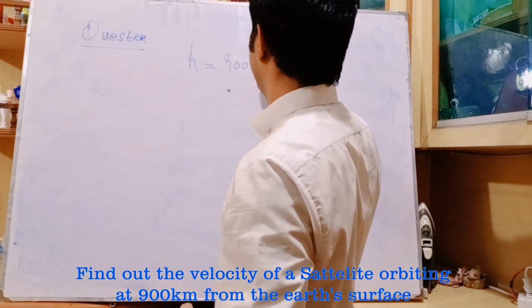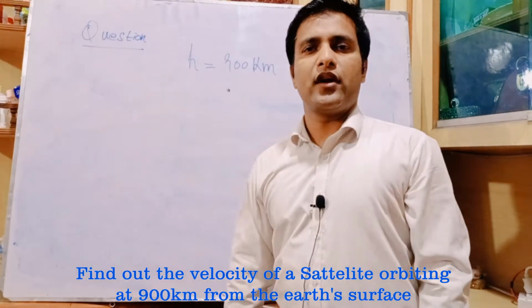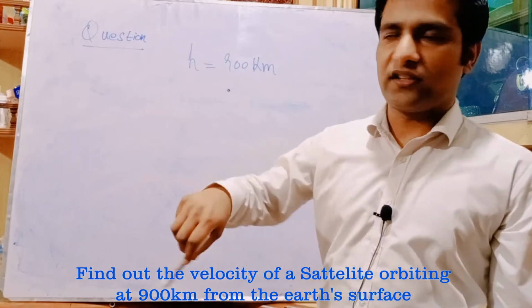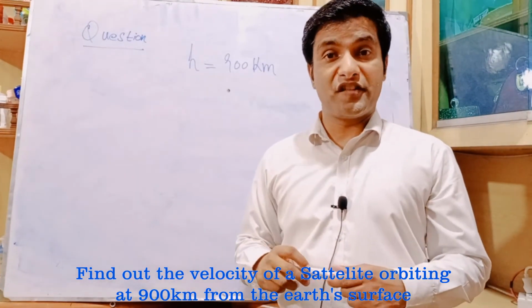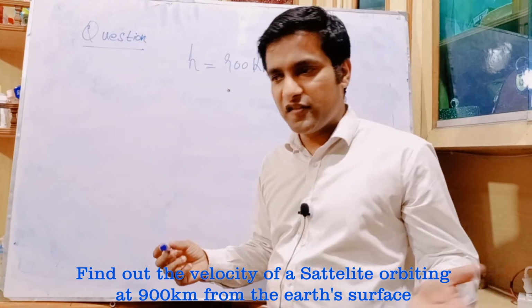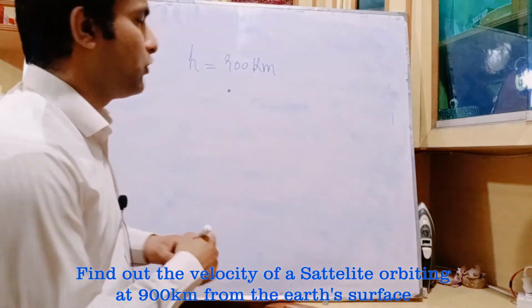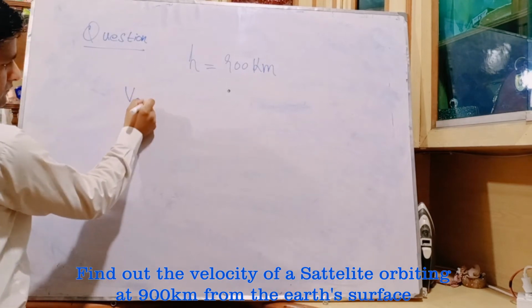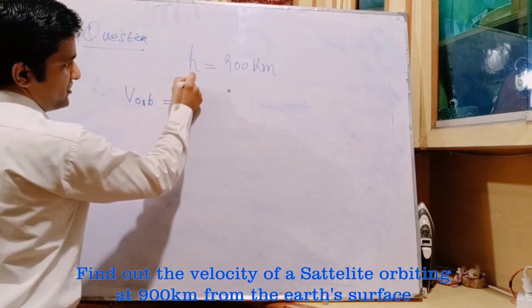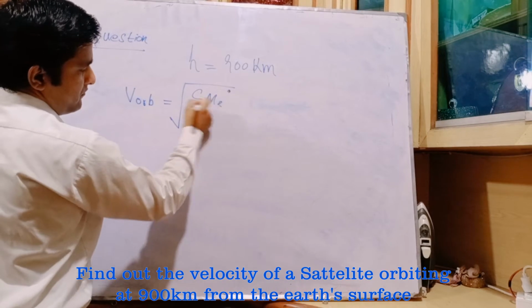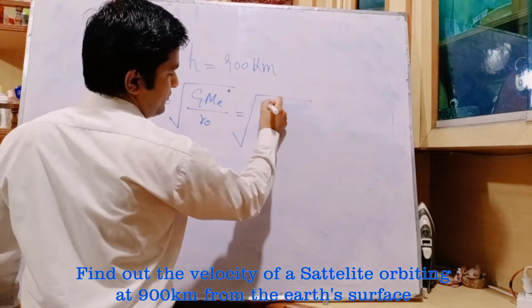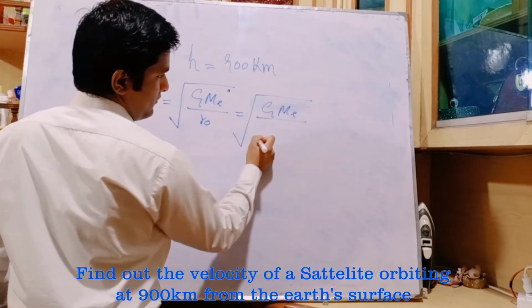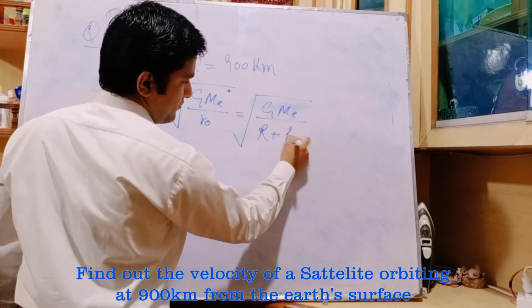If the satellite is 900 kilometers away from Earth, moving around the Earth at 900 kilometers, what will be its orbital speed? We need to find the orbital speed, so we'll apply the same formula. V orbital is the root of G M over r naught, that is G M over R plus h.